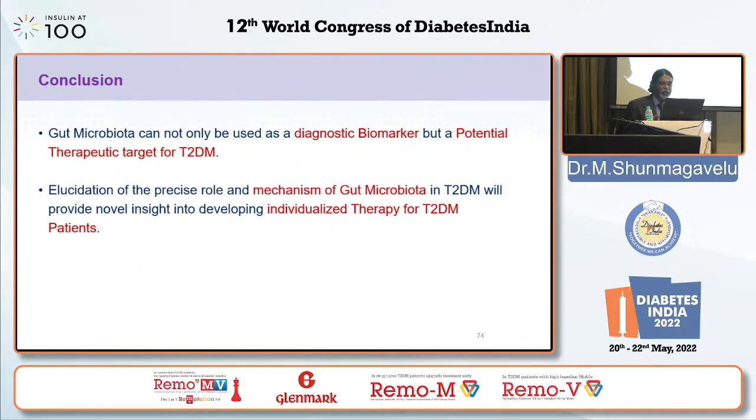Gut microbiota can be used not only as a diagnostic biomarker, but as a potential therapeutic target for type 2, and elucidation of the precise role and mechanism of gut microbiota in type 2 will provide novel insights into developing individualized therapy for type 2 diabetes.